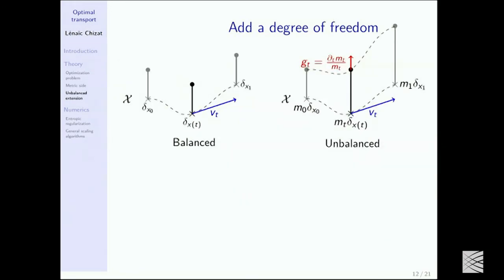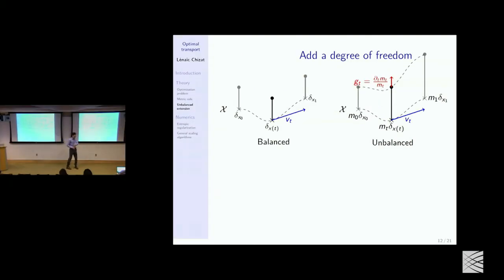So what I call the balanced case is the standard optimal transport case. The degree of freedom we have to move some mass is just acting a velocity field on it and displacing it. To come up with a model with unbalanced variations of mass, we can add a degree of freedom, which would be a rate of growth, which can make the mass vary along the interpolation.